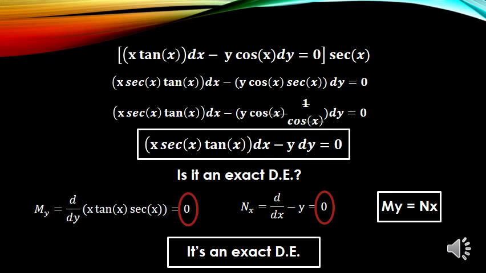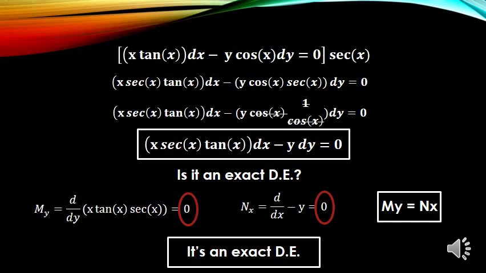Then our equation was multiplied completely by our integrating factor, in this case sec(x), and we rewrote our equation. In the second part of our equation, cos(x) is eliminated with sec(x) because both are reciprocal functions.